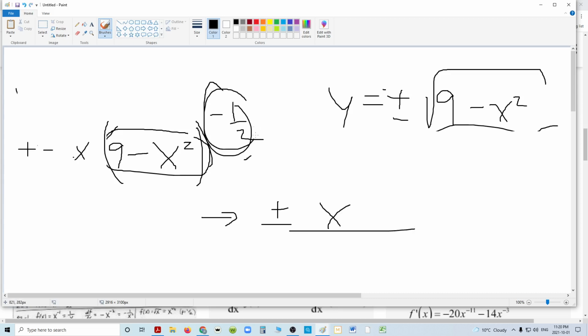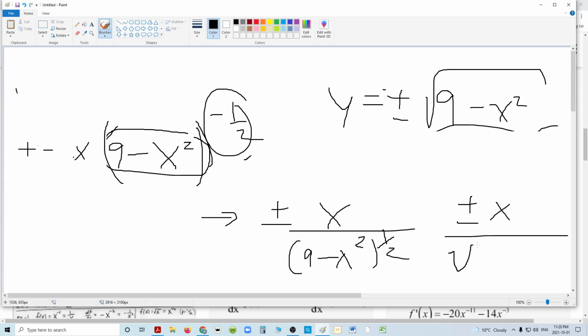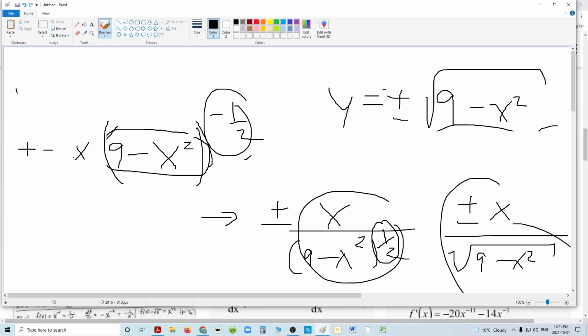And this negative half essentially just sends the whole thing, 9 minus x squared, to the denominator. That's what the minus does. Minus a half simply sends it to the denominator as a half. That could also be rewritten as plus or minus x over square root 9 minus x squared. That's exactly what the half means. It means it's the square root. So this is the derivative of that, or this is as well. They're both the same thing.